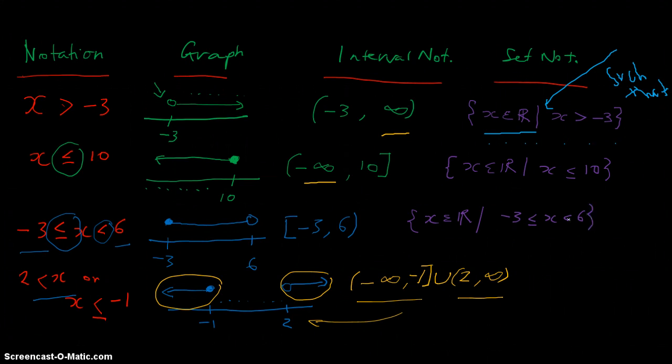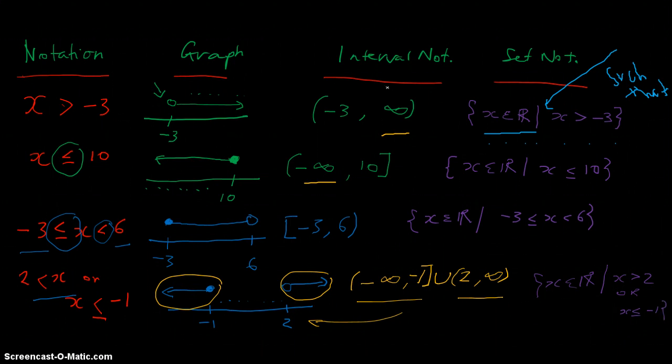And the last one is the same thing. Curly brackets, x is an element of all real numbers such that x is greater than 2 or x is less than or equal to minus 1.